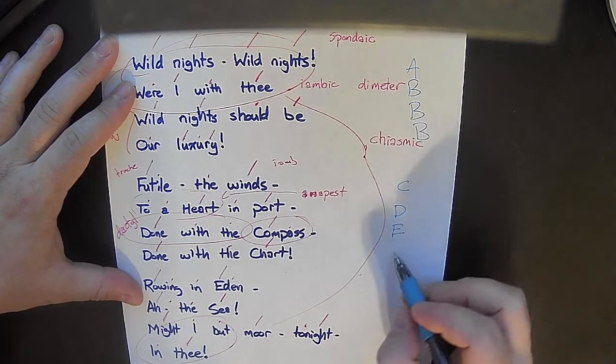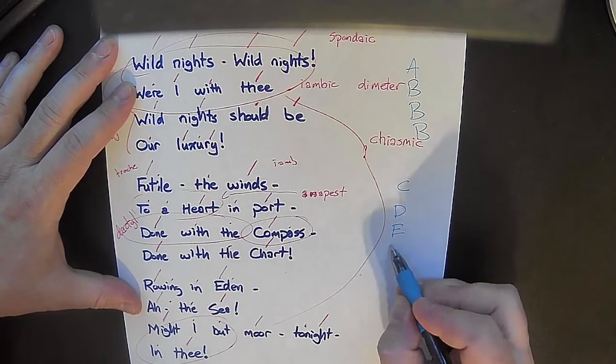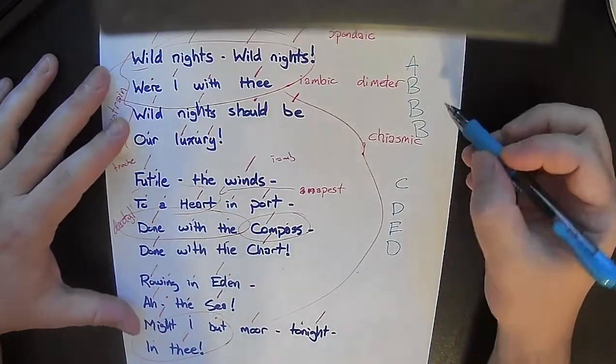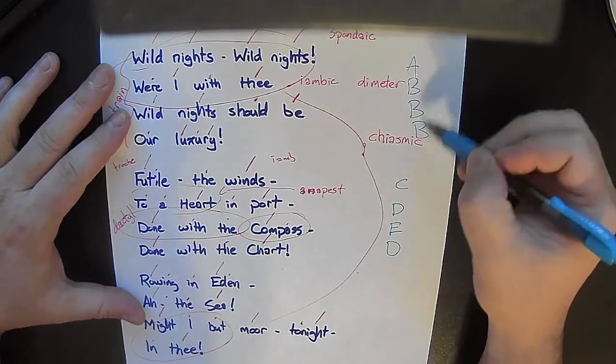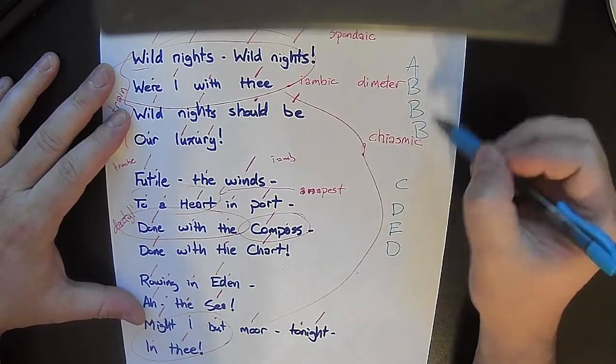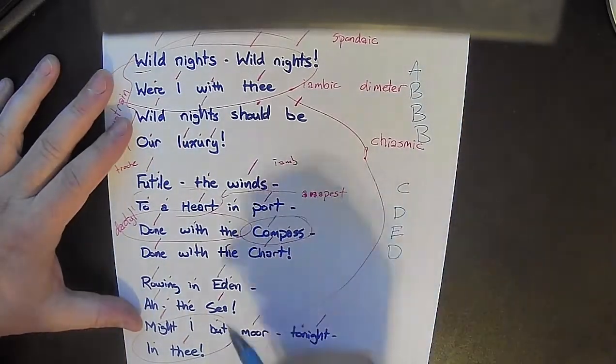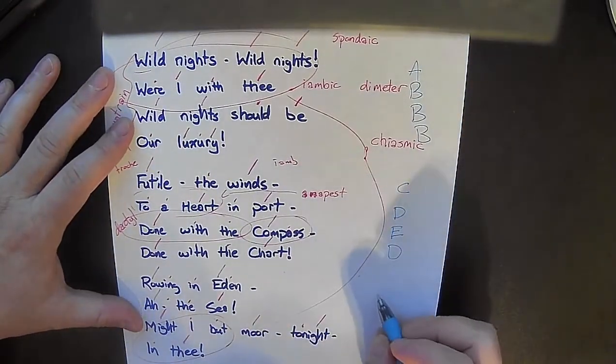But port and chart, I'm going to say do rhyme. I think she's using, I heard some slant rhyme there. They rhyme close enough for me. So it looks like she's going with D and D. Her second and fourth is what she wants to rhyme, and it might be just a coincidence on the third one in that first quatrain. Rowing in Eden, so now we are at F.